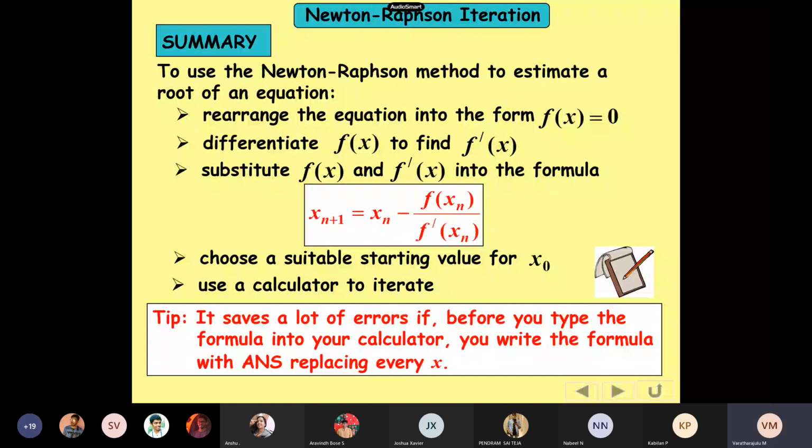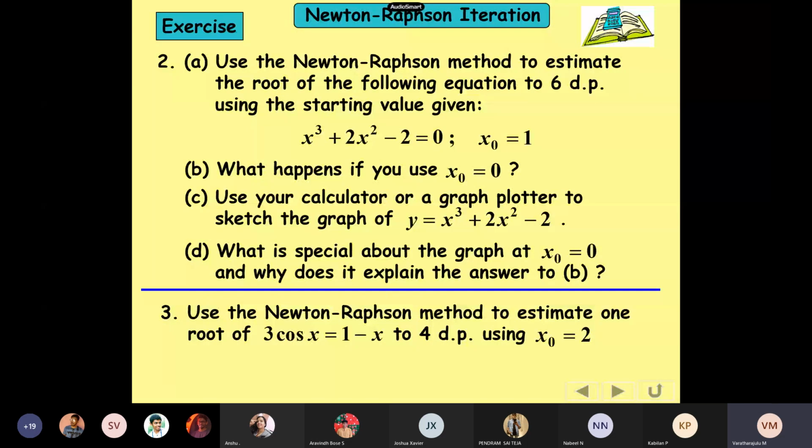This is 2a. Please write. Use the Newton-Raphson method to estimate the root of the following equation to 6 decimal places using the starting value. The f of x would be x cube plus 2x square minus 2 is equal to 0. Your starting value would be 1.